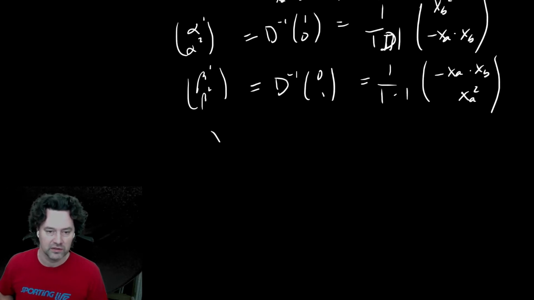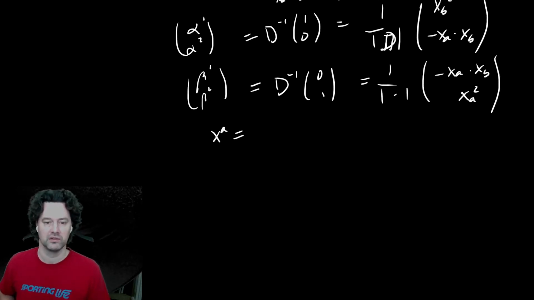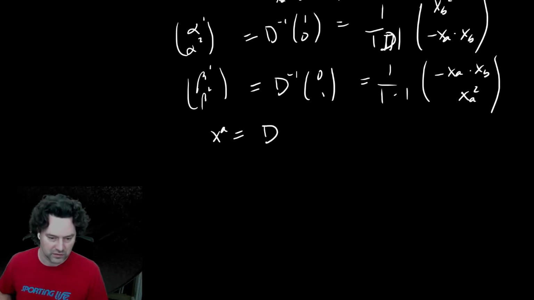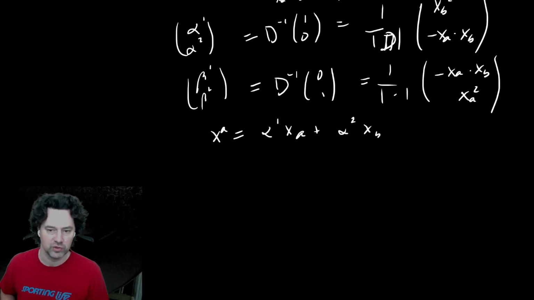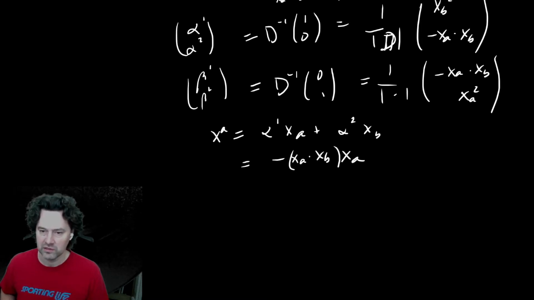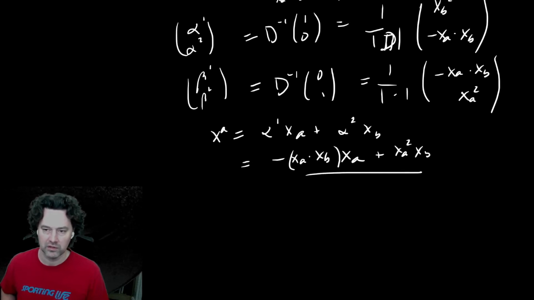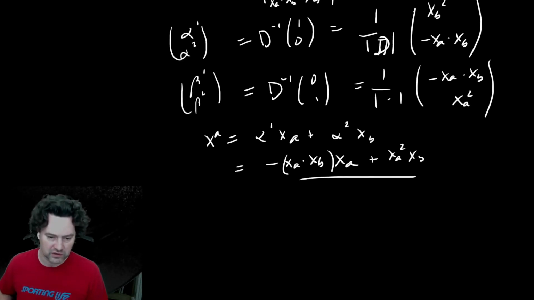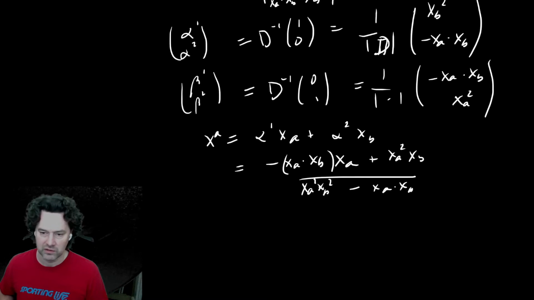We had xa, which was, let's say, xa reciprocal is alpha 1 xa plus alpha 2 xb, which is minus xa dot xb times xa plus xa squared xb, all over the determinant, which wasn't written out explicitly, but is xa squared xb squared minus xa dot xb all squared.